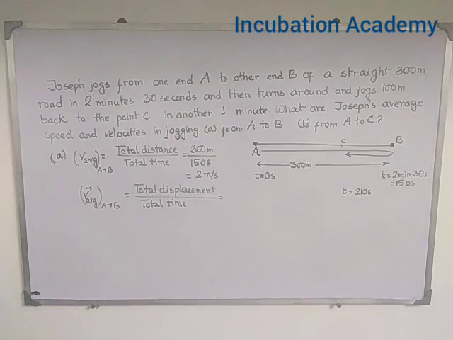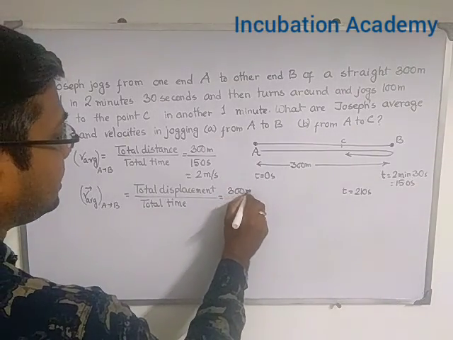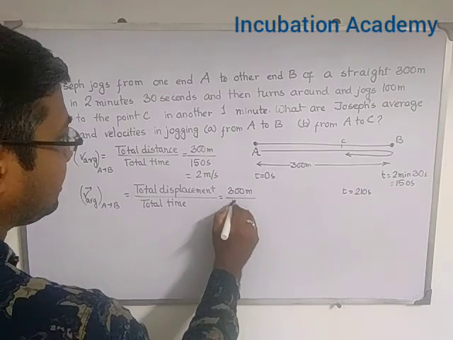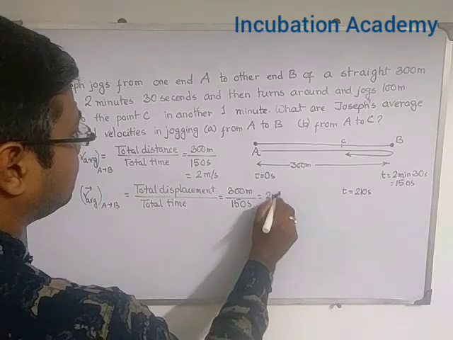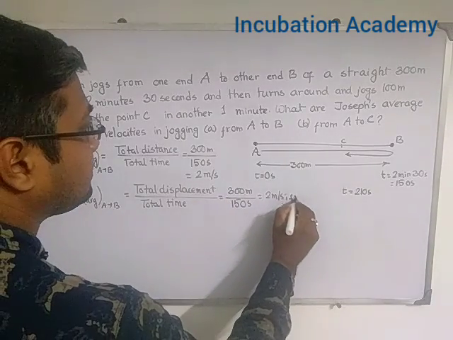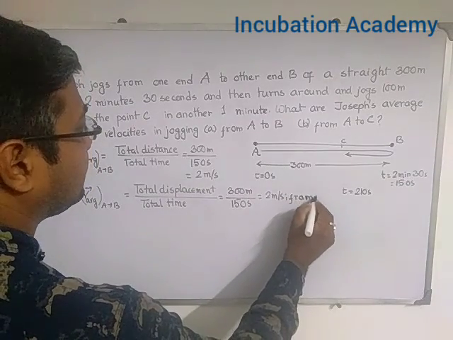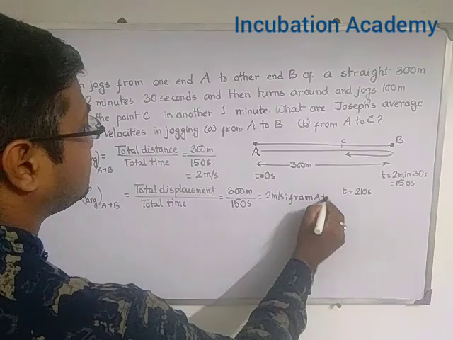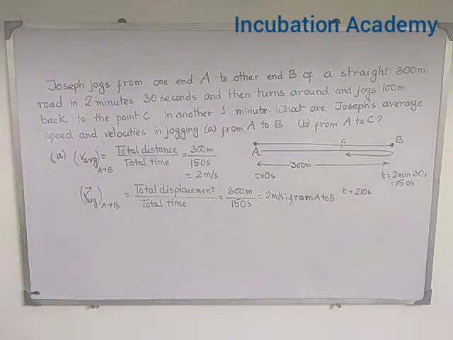Since Joseph follows the straight path in moving from A to B, his displacement is 300 meter and the time taken by him is 150 seconds. So that is 2 meter per second, in the direction from A to B. If you don't write the direction, no problem at this level.